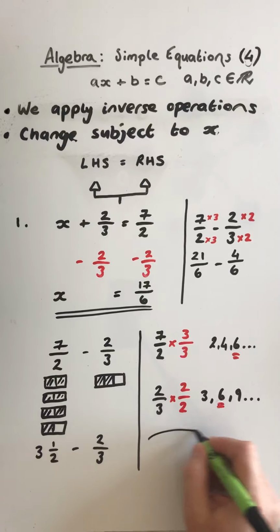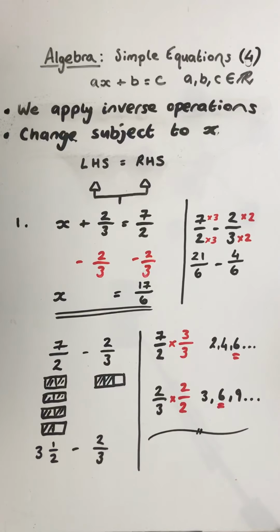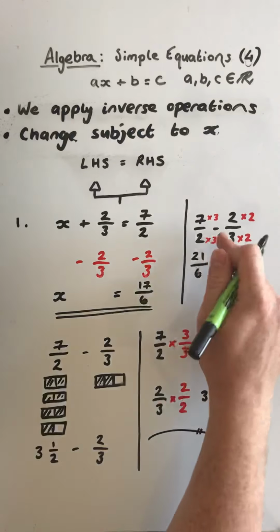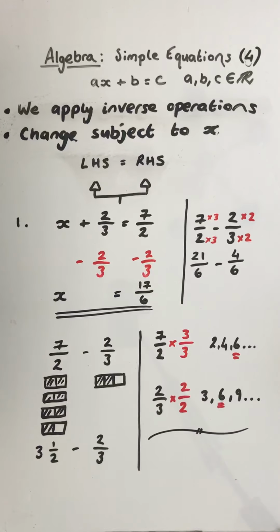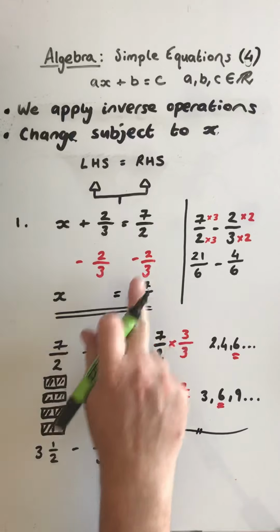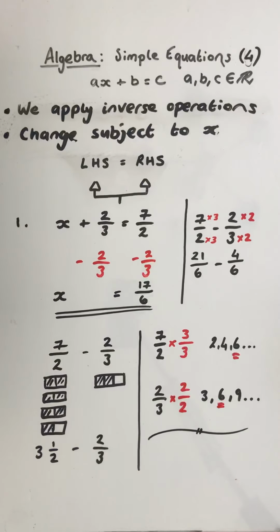I'll upload some more videos on solving simple equations. This here is all about bringing about some prior learning with fractions. Look at all the learning that you've done prior to this in order to solve this equation.